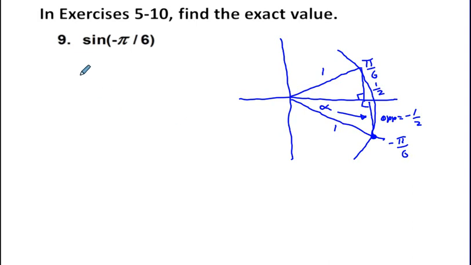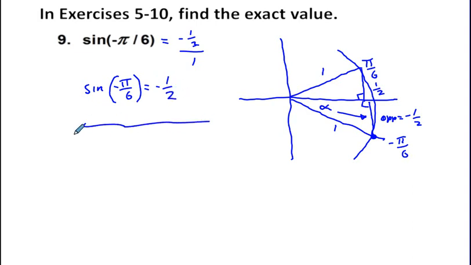So what we have is negative 1/2, which is our opposite, over our hypotenuse, and so the sine of negative pi over 6 is going to be equal to negative 1/2. So that is number 9.